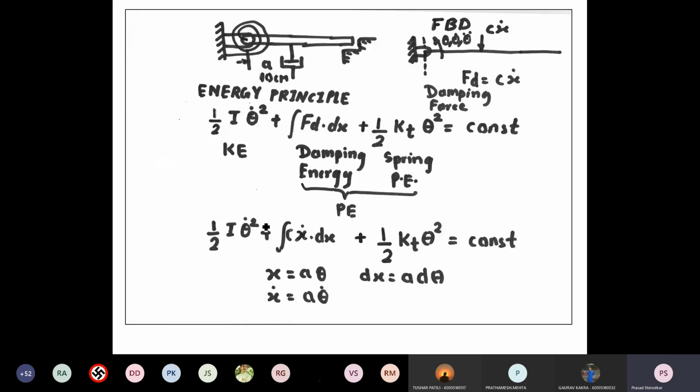So I substitute the values for x dot and dx, and I get half I theta dot square plus integral C a into theta dot times a d theta plus half k torsional theta square is equal to constant.